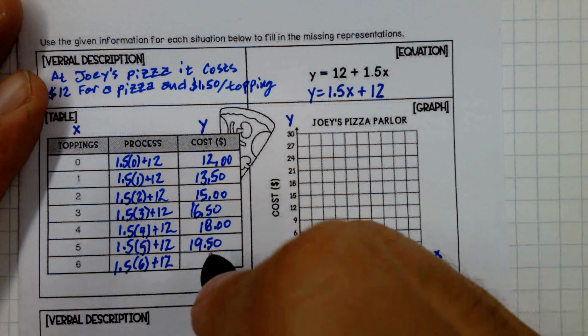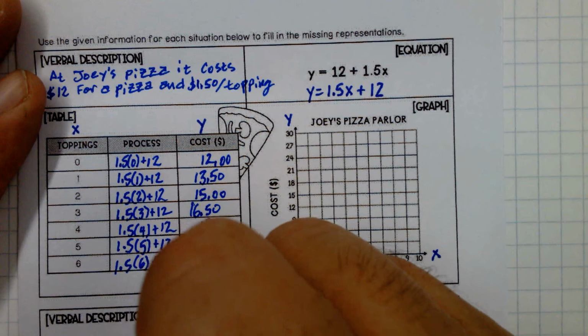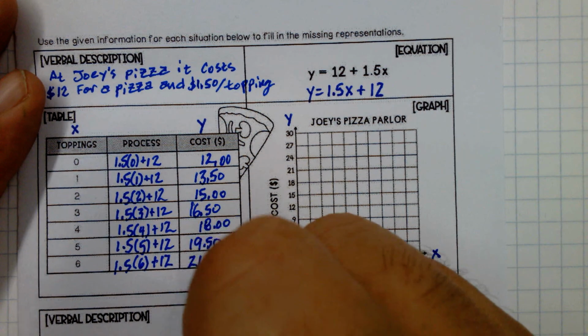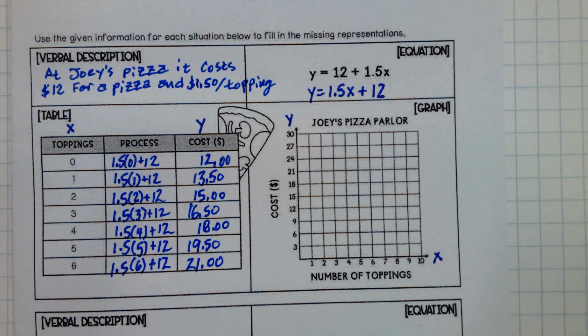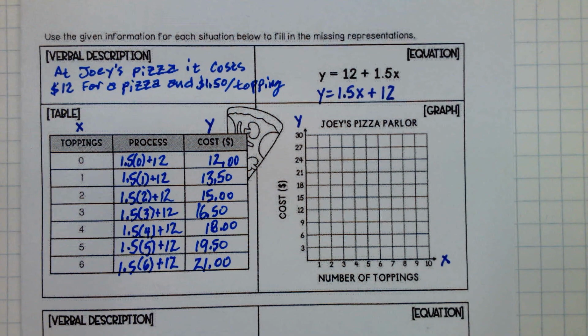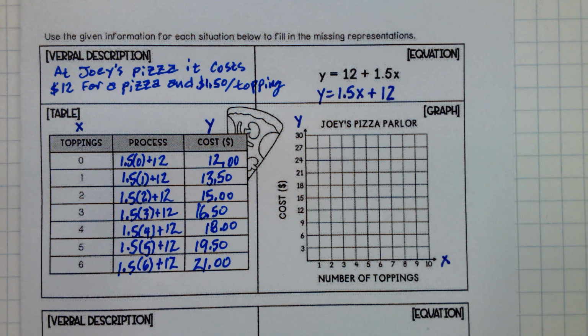How much would that be for $21 for a pizza? Well, maybe it's really good pizza. But 6 toppings, that's a lot. All right. Is one of those toppings pineapple, I wonder? Some of you can't have that. Yeah, well, it's pizza. However you like it.